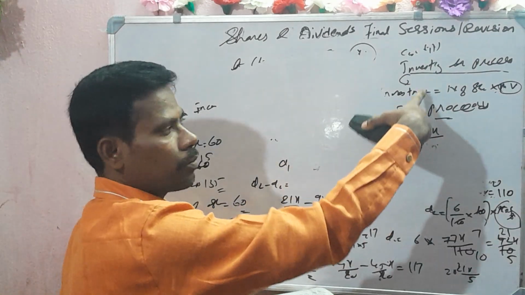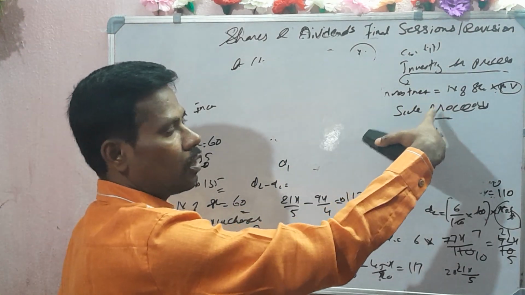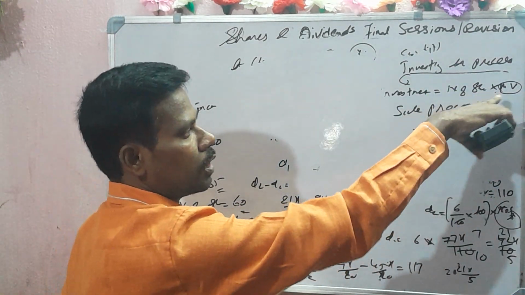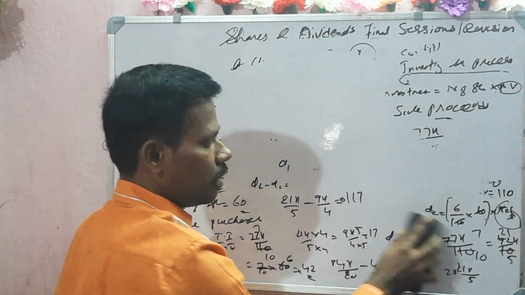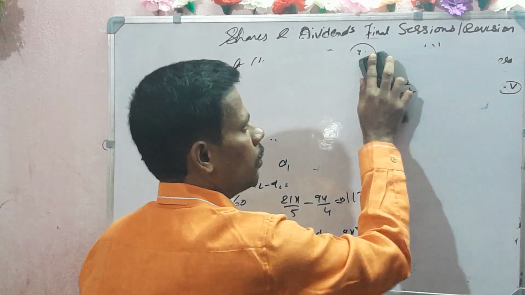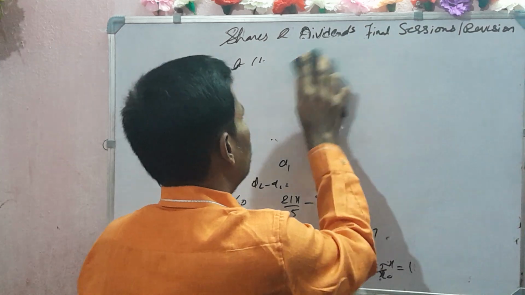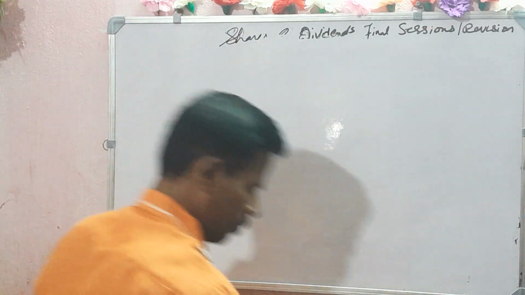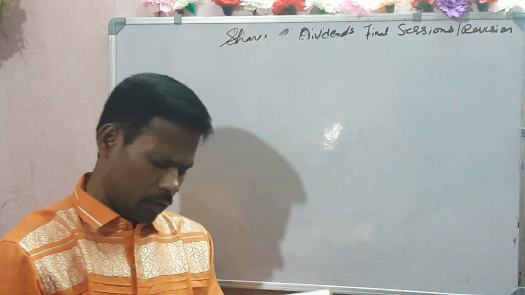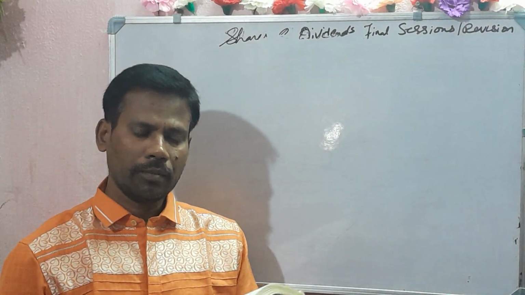Remember this word, investing the proceeds means investment or sale proceeds, that is nothing but number of shares into market price, and then follow the same thing. This is also a totally different type.